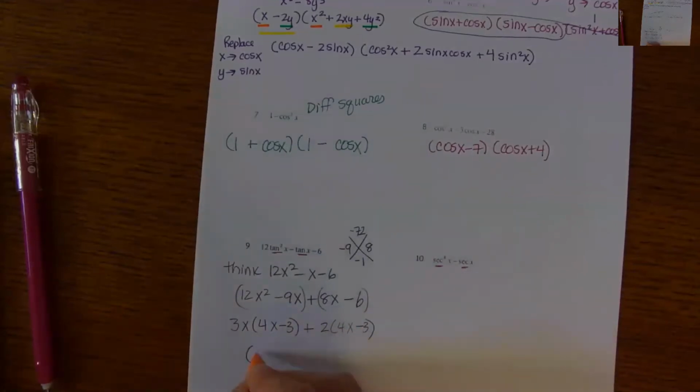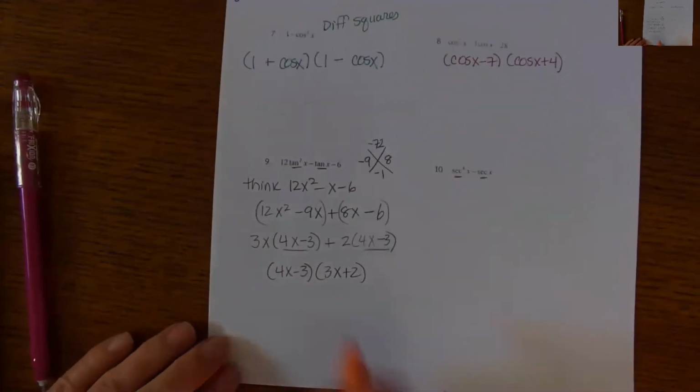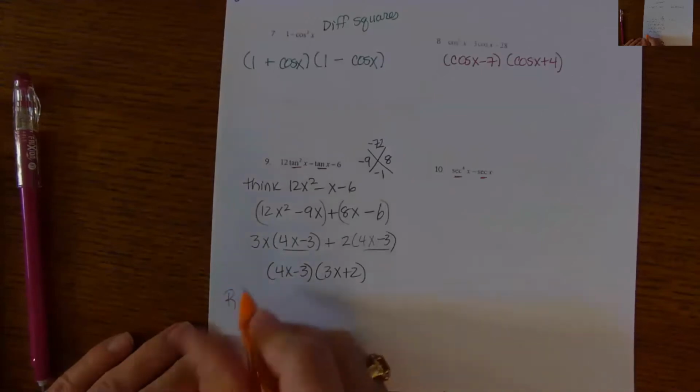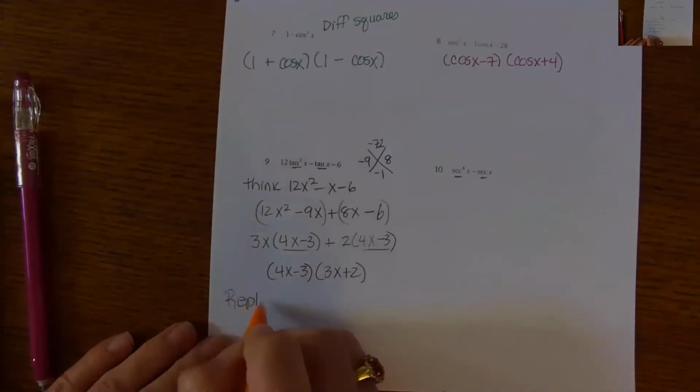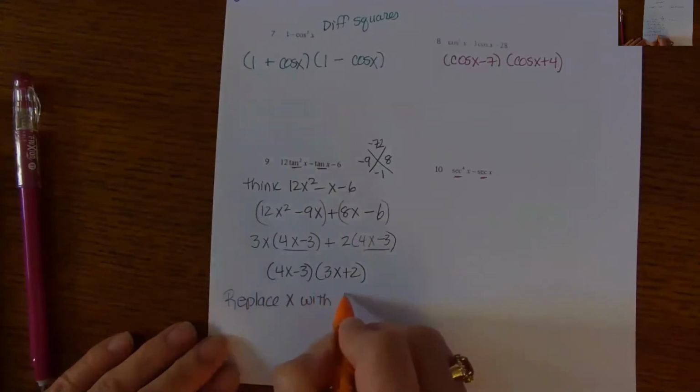Okay, so this is 4x minus 3 because those fellas match and I'm pulling it out, and 3x plus 2 is left. And what am I going to replace? Let's write down with words, so when you look at this in 3 days, you're not like, what did I do? Replace x with what? Right?